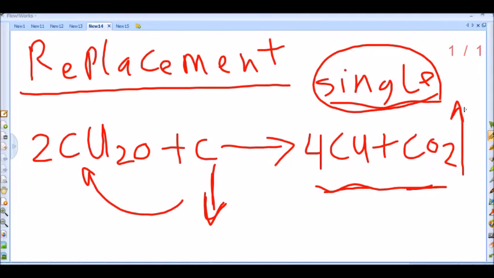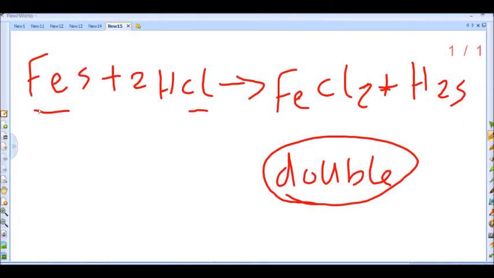This one is gas. So here we have single, only one element that replaces another one. In the next type, we have two elements like ferrous and HCl. They replace each other. So this type is called double replacement chemical reaction.